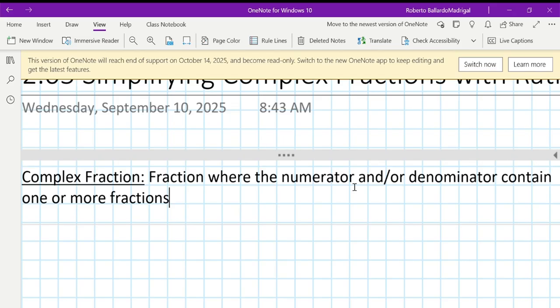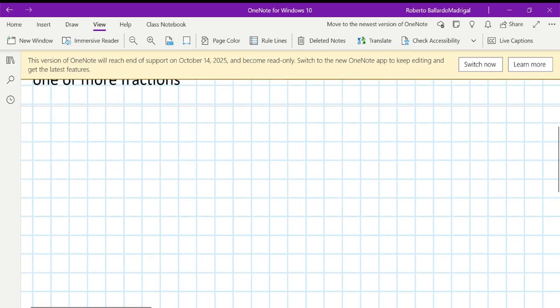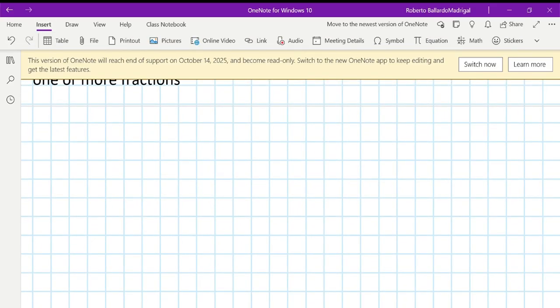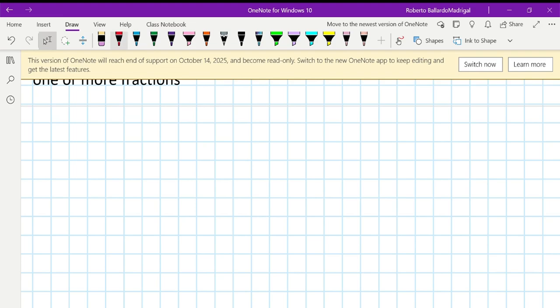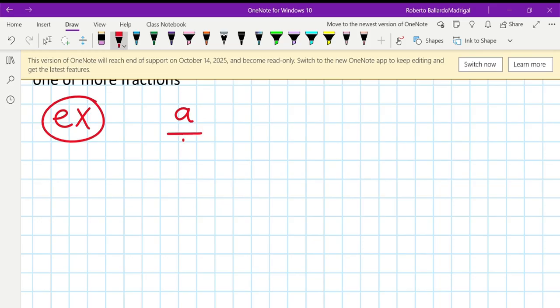All right, so let's take a look at an example and see what we can do here. I would like to give you guys a general overview of how to perform an operation with a complex fraction. So why don't we look at this? Let's say that I have a over b.